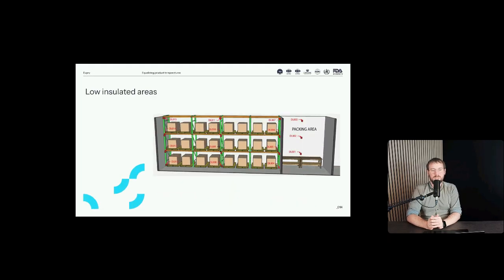Another thing we see often here is poorly insulated areas, and that could either be because you have differences in how the building is built or how it's constructed, but it can also be due to insulation degradation. So one of the more obvious cases is around doors and gates, where you have contact surfaces that degenerate over time.